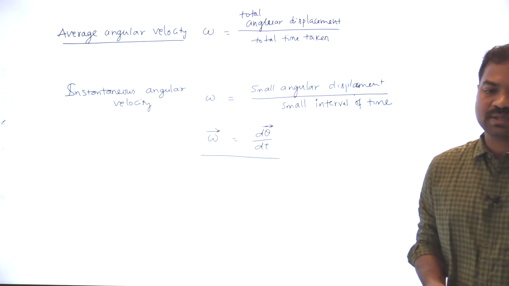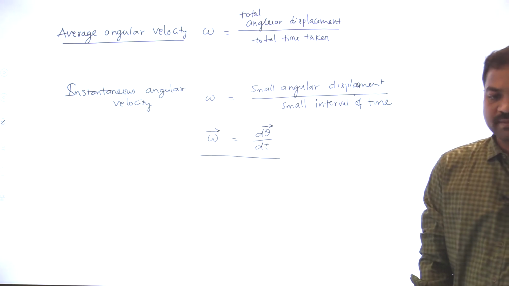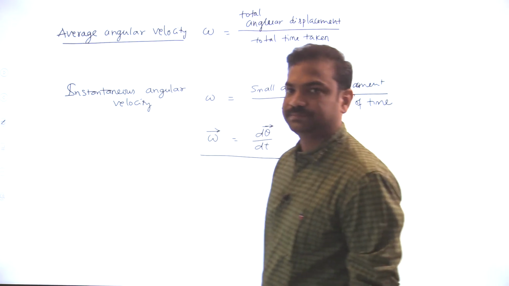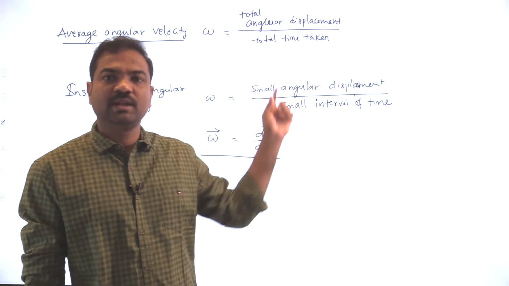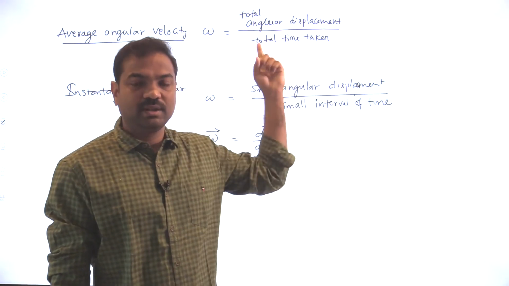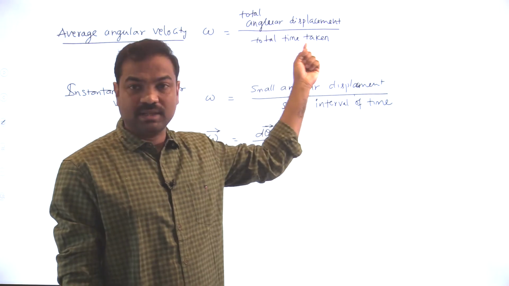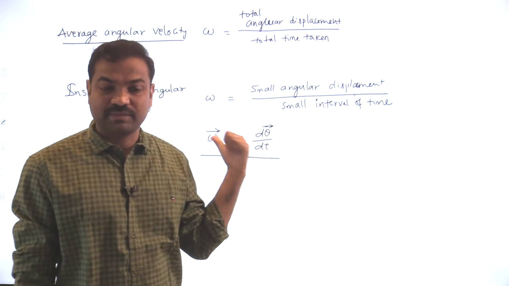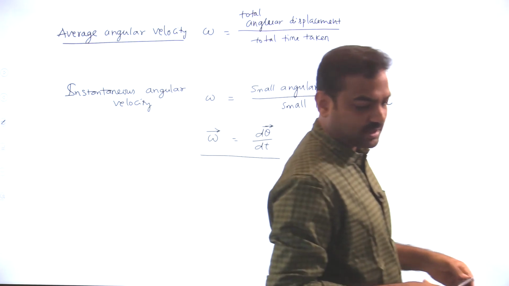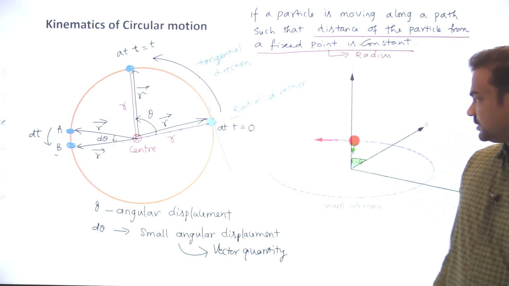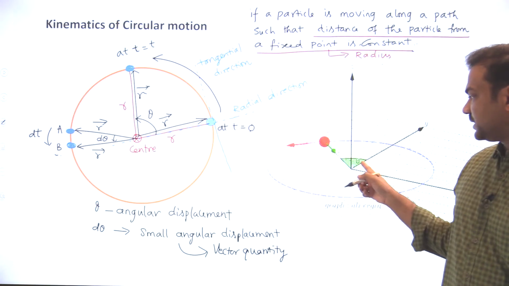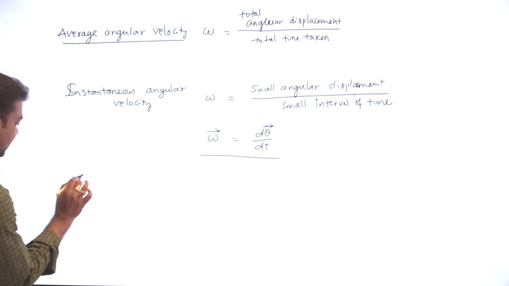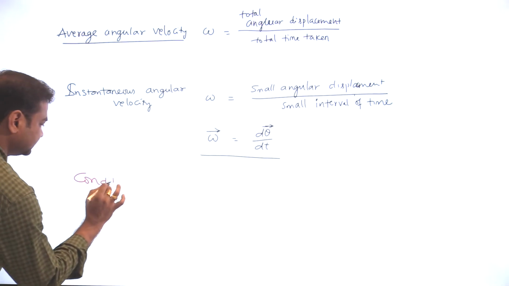Average we take as a scalar. So the same angular velocity, but two different behaviors: in one place it is a scalar, in the other place it's a vector. That's why it comes under the tensor category. You can see here this is the angular displacement. What is the condition for circular motion?